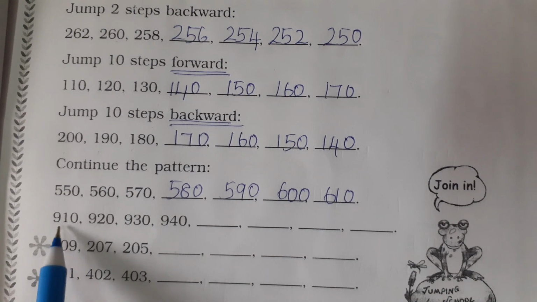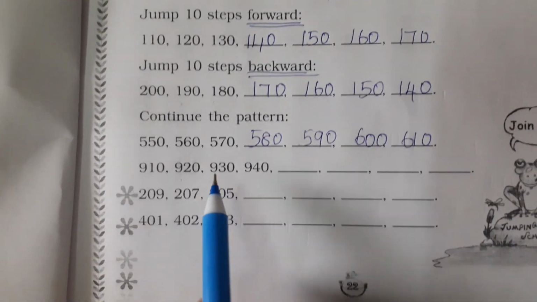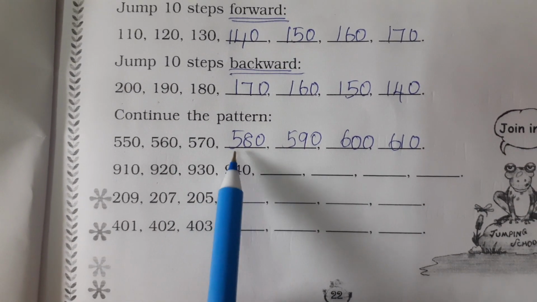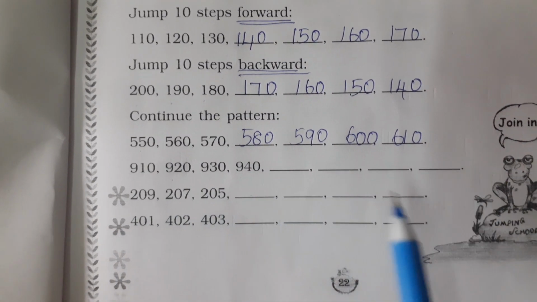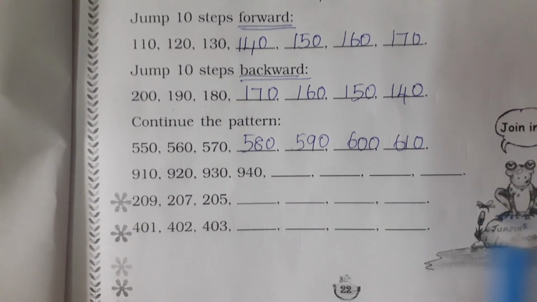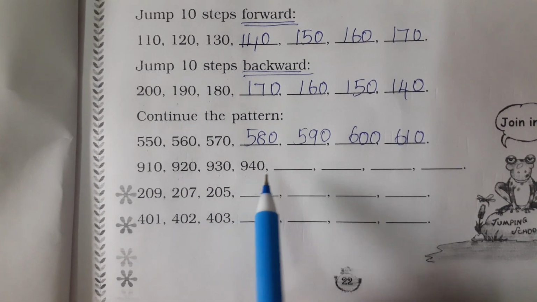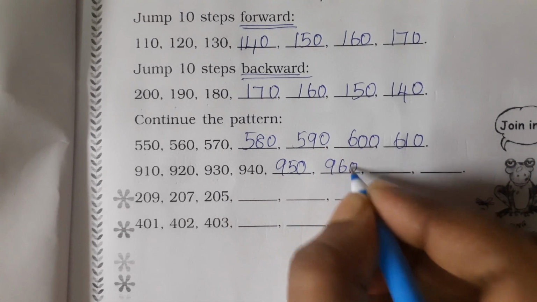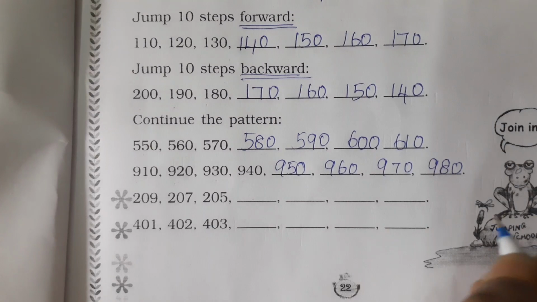Next we'll check this one: 910, 920, 930, 940. It is a similar pattern. Yes, this is also 10 steps forward. So we'll write the answer: 910, 920, 930, 940, 950, 960, 970, 980.